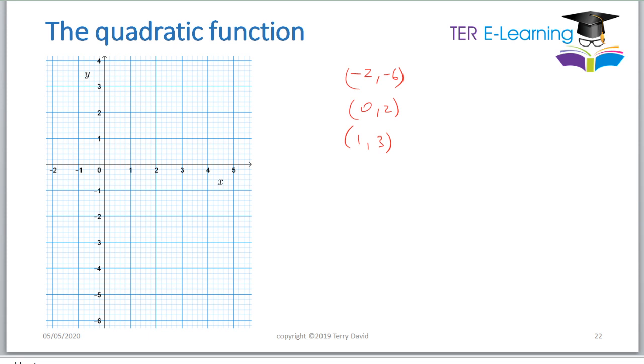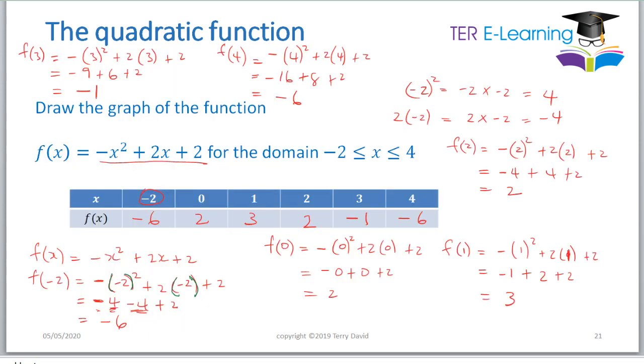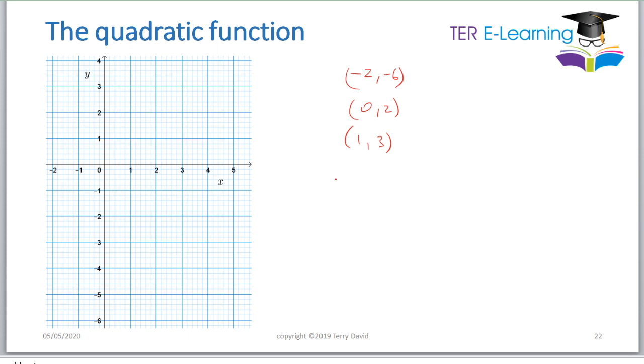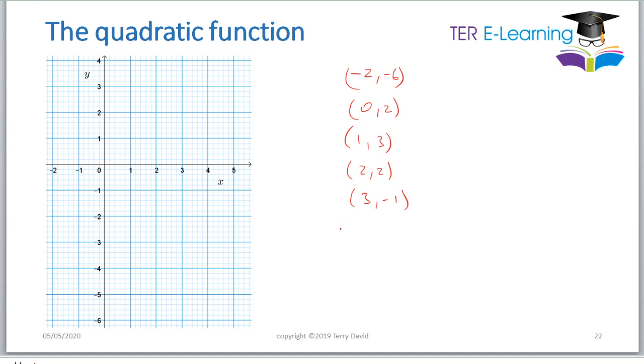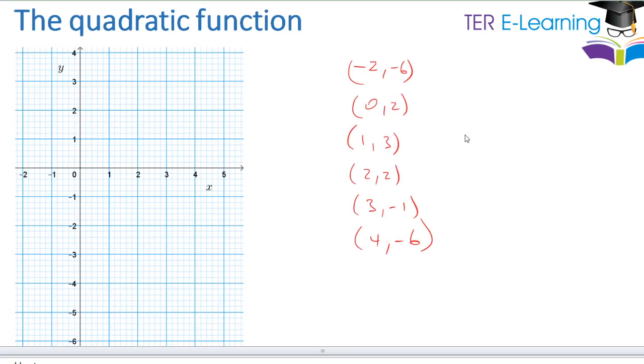The next points are 2, 2, and 3, -1. So it's 2, 2, 3, -1, and then 4, -6. 4, -6, right? So I don't know if you all realize I kind of missed out -1 as a coordinate, right? But that's okay.